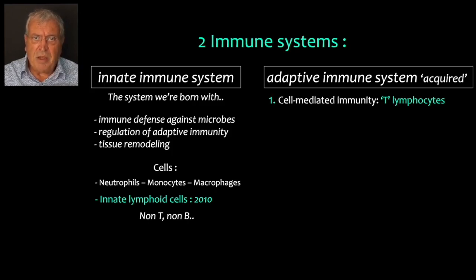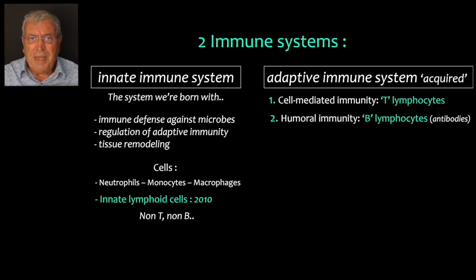The adaptive is made by the T lymphocyte, which is the cell-mediated immunity. The B lymphocyte is the humoral immunity, with the antibodies and with the stem cells.